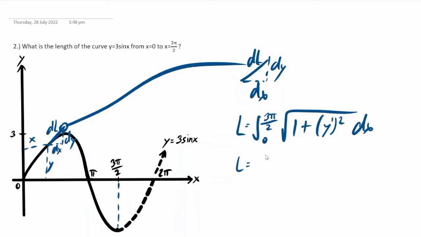So plug in our y prime. Our y here is 3 sine x, so the derivative of 3 sine x is 3 cosine x. So plug in 3 cosine x.